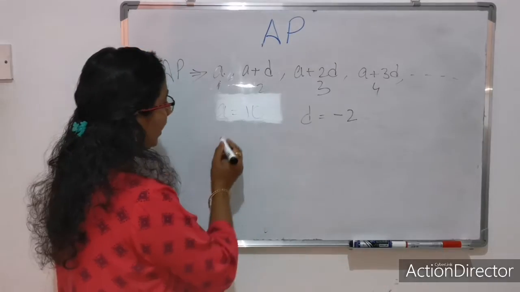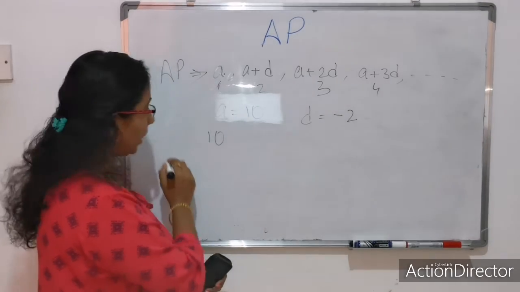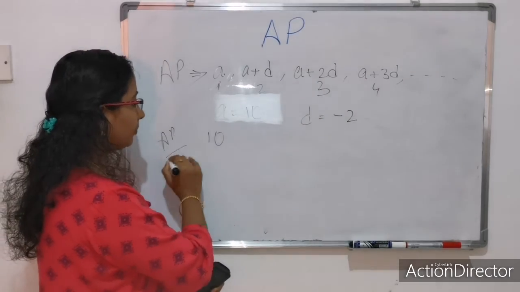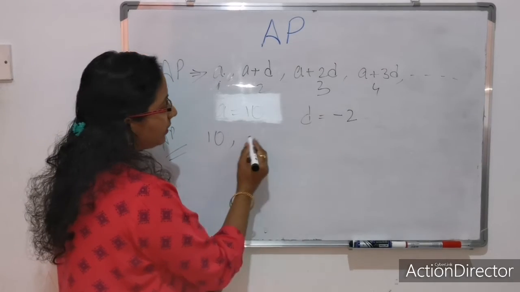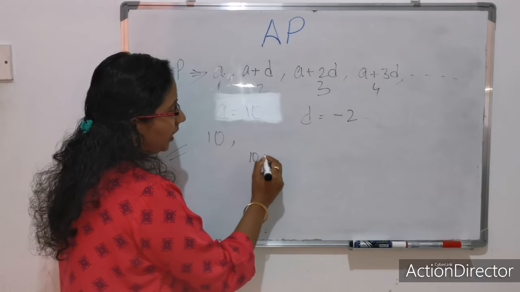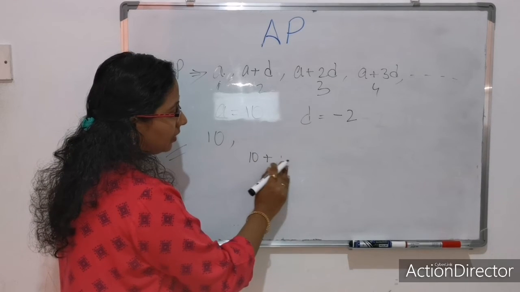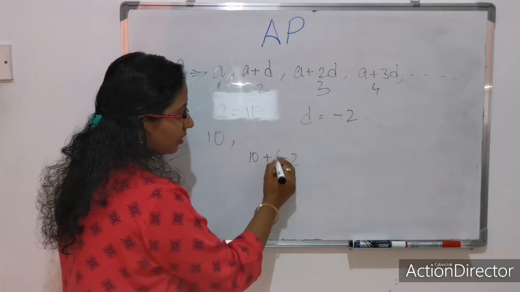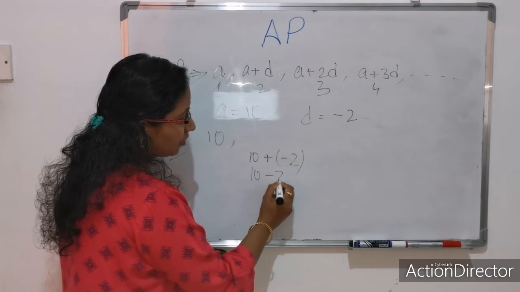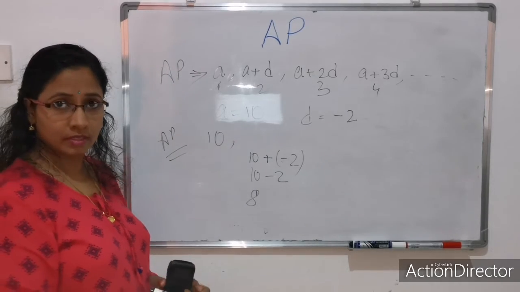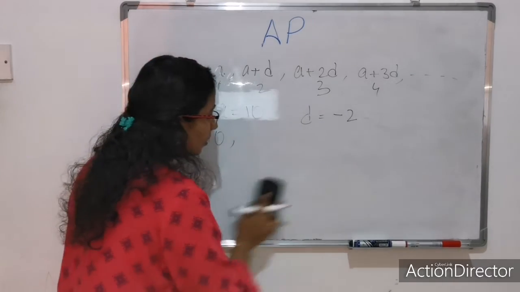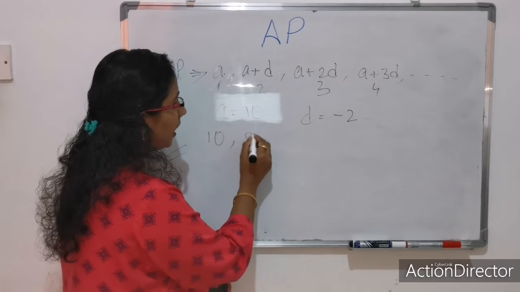So how will it be? The second term will be a plus d. It will be 10 plus minus 2, right? So this becomes 10 minus 2, that is 8. Clear?